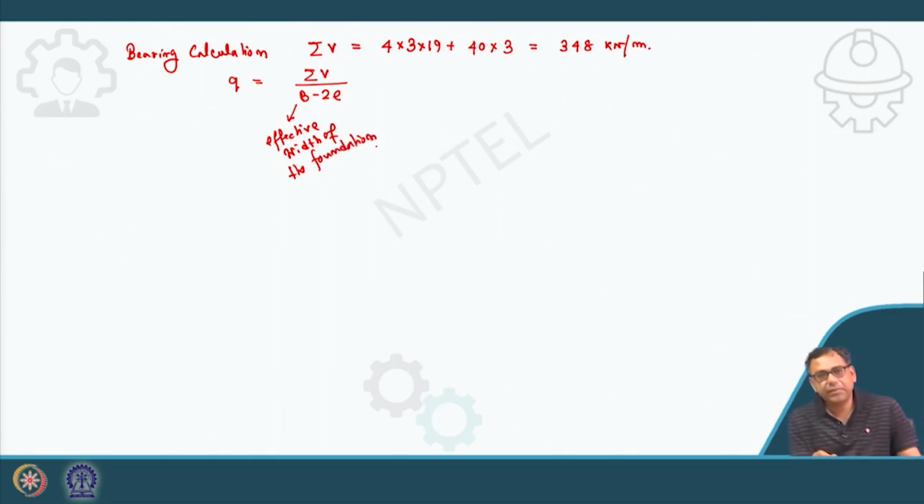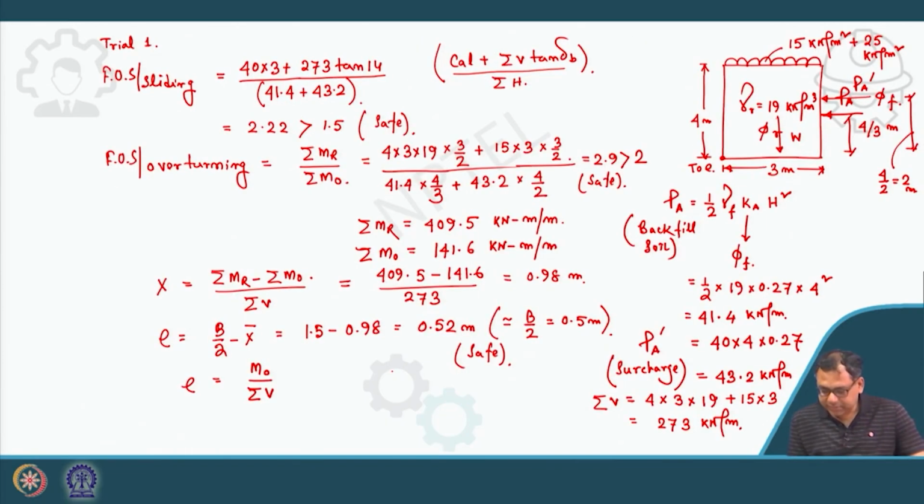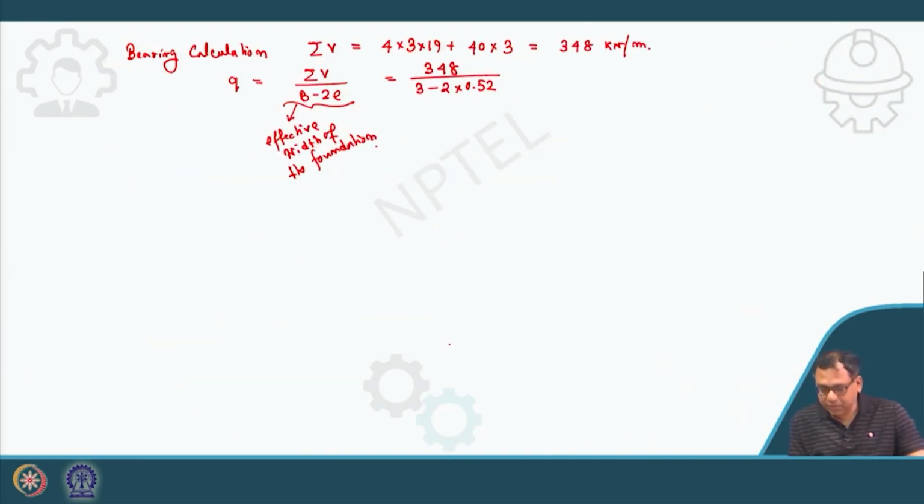So that's why I am taking B minus 2E, that is the effective width. So now if I put this value, 348 divided by 3 minus 2 into 0.52, that means that E value I am taking, though it is marginally safe, remember that. So it will be 178 kilonewton per meter square.